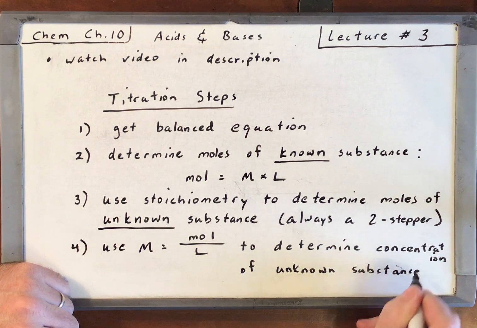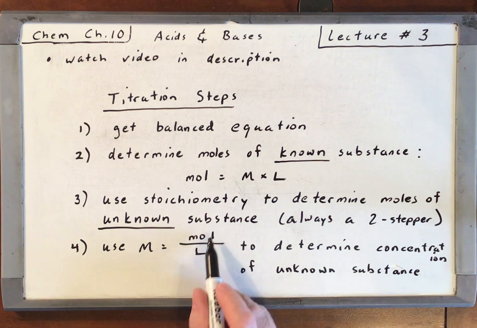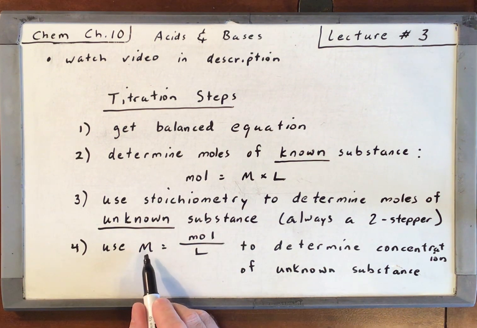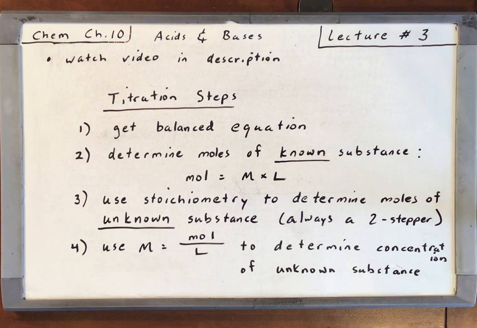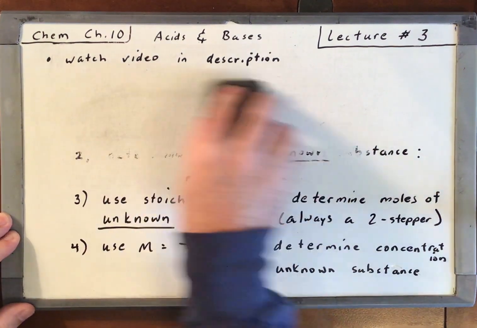So our last step, we're going to figure out moles. We know liters from titration. Moles divided by liters will give you the molarity. All right, pause the video if you need to catch up. And we will work problem 10.10.